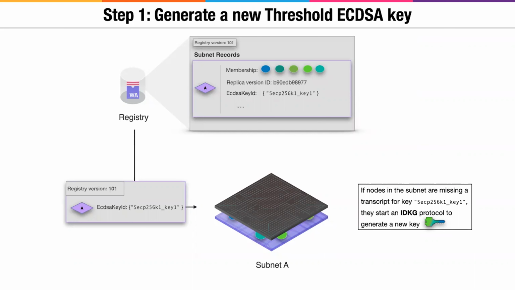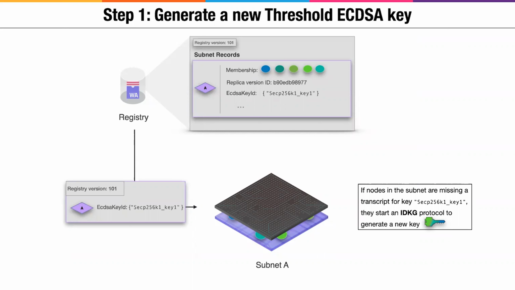Whenever it detects that it now needs to hold a new copy of the key, it checks internally: do I have a transcript for this threshold ECDSA key? If it doesn't have one, since we just introduced this key into the subnet record, it will initiate an IDKG protocol between the nodes of the subnet to generate this new key.